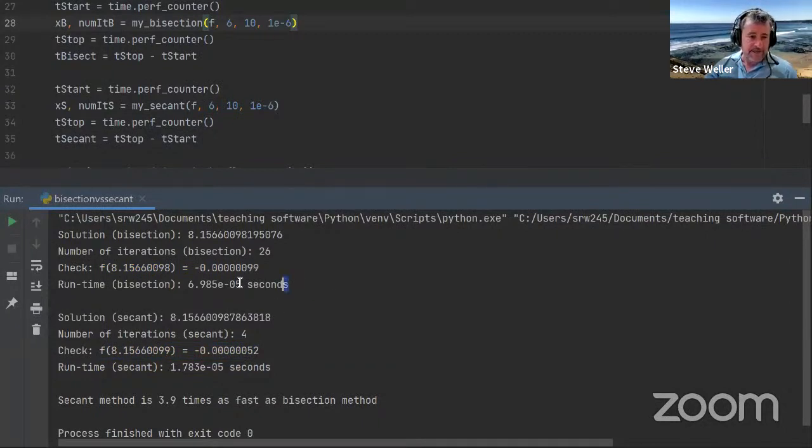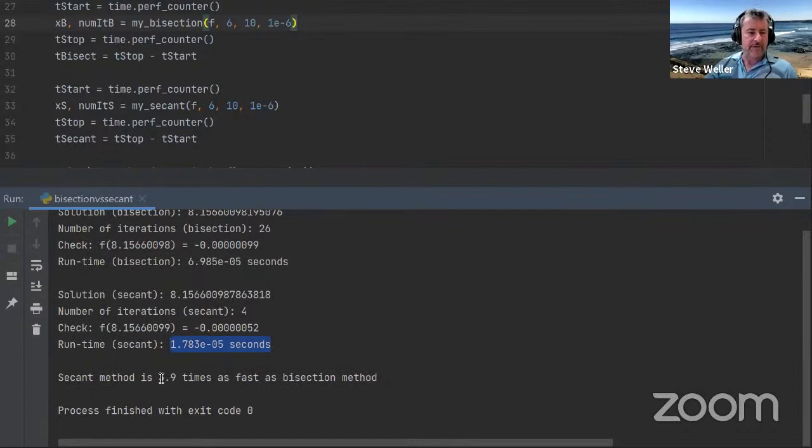However, the bisection algorithm took about 7 times 10 to the minus 5 seconds, so about 70 microseconds, whereas the secant algorithm took about 17 microseconds. So we ran this code, and the secant method was about 3.9 times as fast as the bisection method. I've computed this ratio, 3.9, simply as the ratio of the run times here, noting that the secant method is faster.